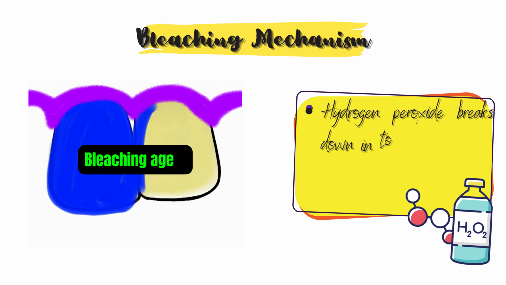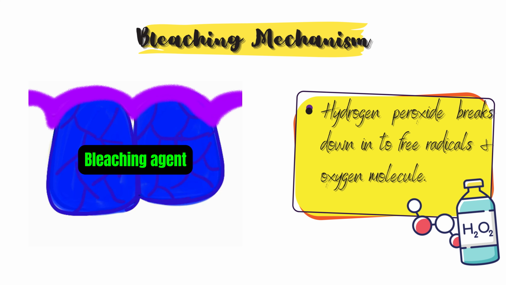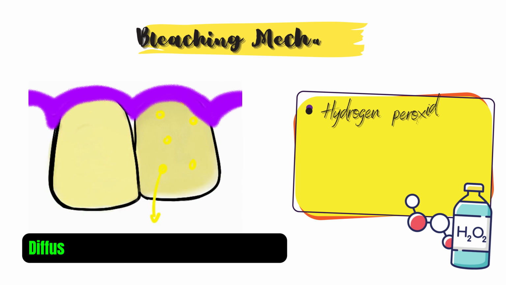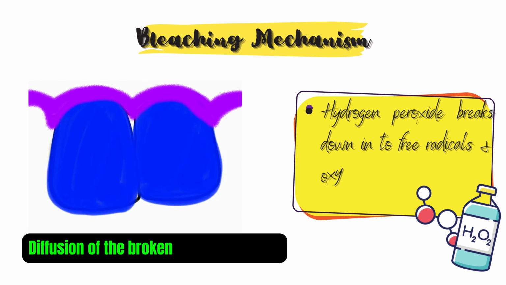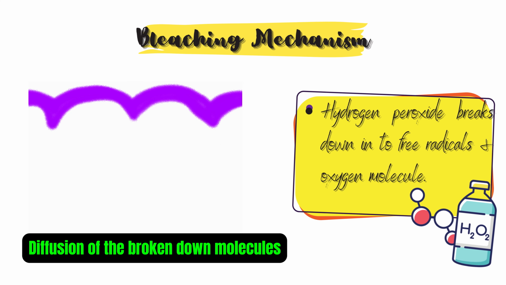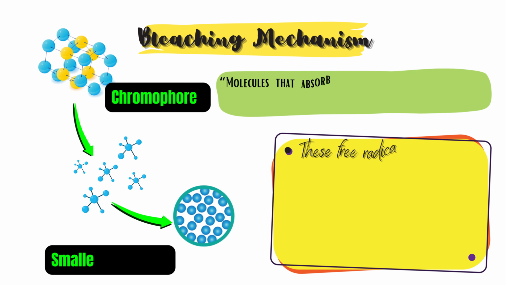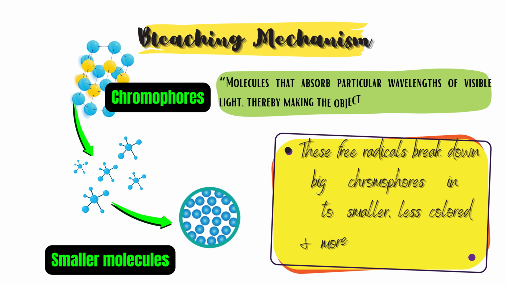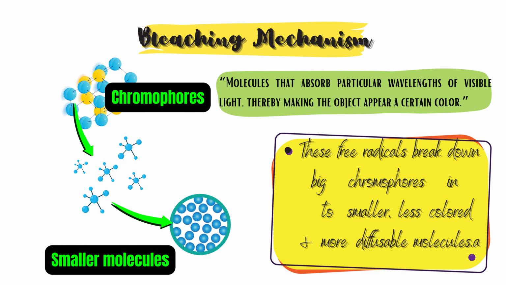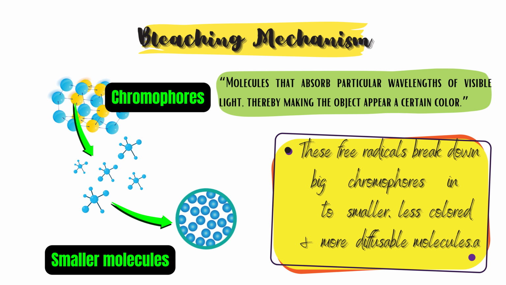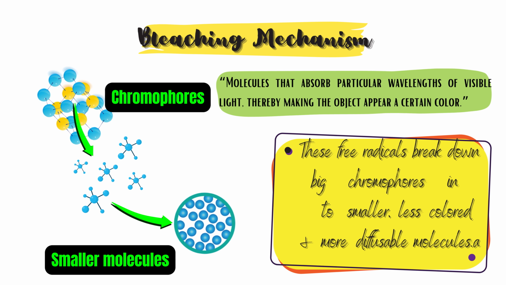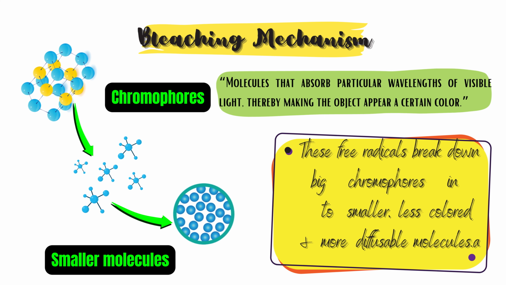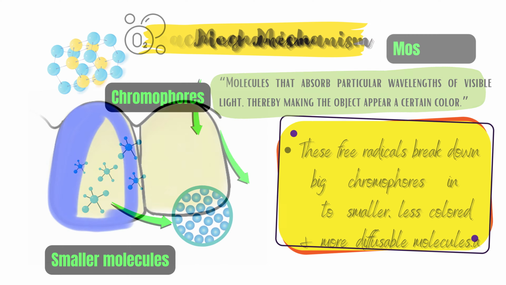Now the basic mechanism behind H2O2 or hydrogen peroxide bleaching is that hydrogen peroxide basically breaks down into free radicals and oxygen molecules, a lot of reactive molecules. Chromophores are basically large sized molecules, and these chromophores cannot be washed out simply by the use of our daily abrasives like toothpaste or brush bristles.